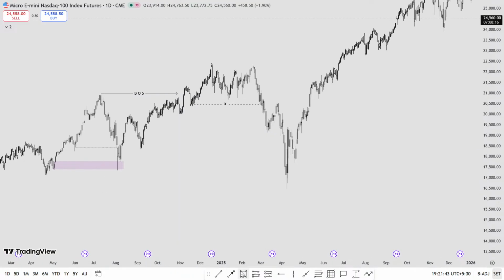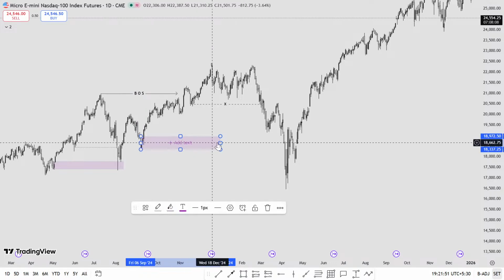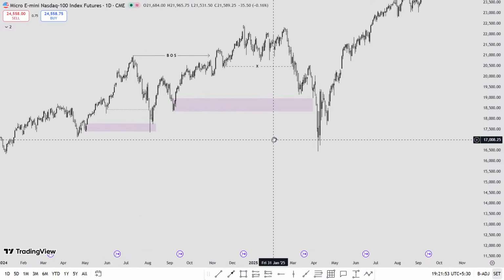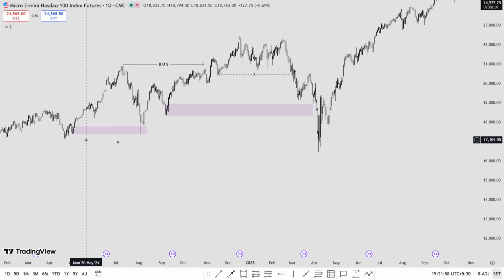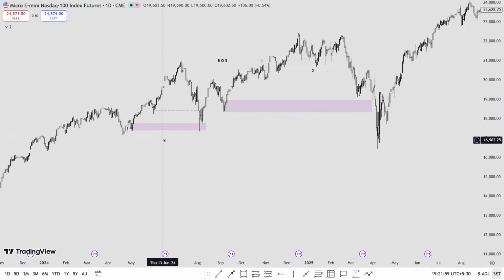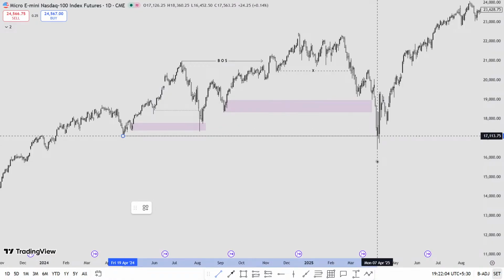And there was an interesting fact which happened. The OBs were here, the point of interest was here, but still the market didn't respect it because there were liquidities on the bigger time frame. The market grabbed the liquidities and went bullish.